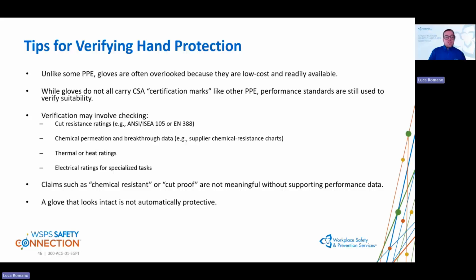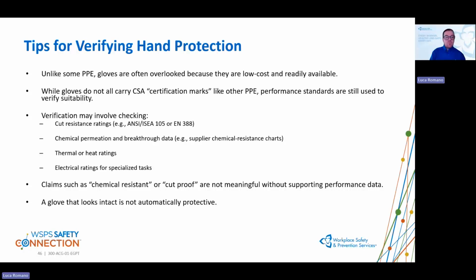In terms of gloves, they don't all carry CSA certification markings like other personal protective equipment. Oftentimes, performance standards are still used to verify suitability. Verification can include looking at, as an example, if it's rated against a certain type of hazard like cut resistance, there might be specific ANSI standards or EN standards that it would be compared against.